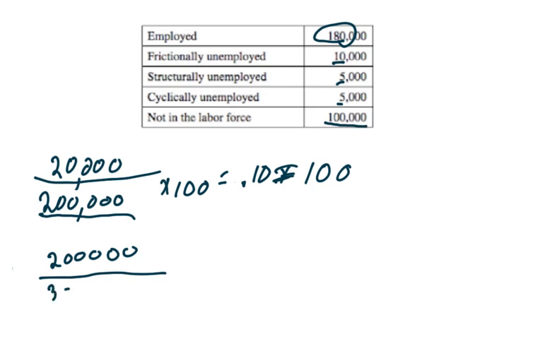It's going to be 200,000 over 300,000 times 100, and that will give us our labor force participation rate. So let's find out what it is. It's 200,000 divided by 300,000 times 100, and that's going to give me 66.7%.